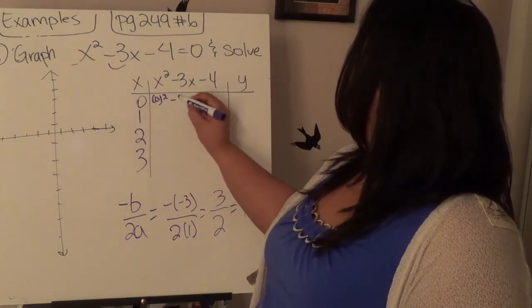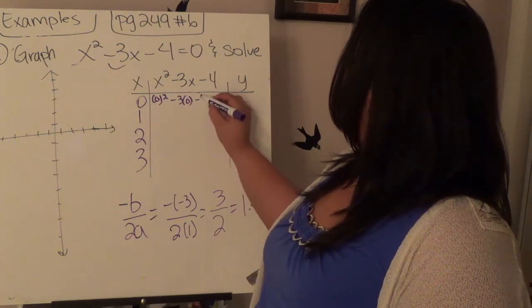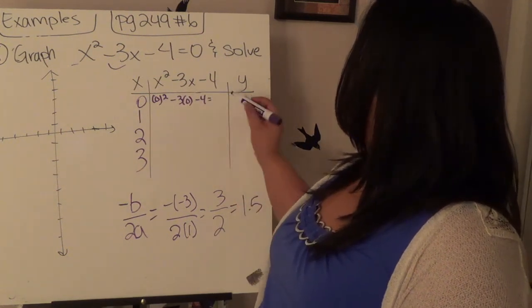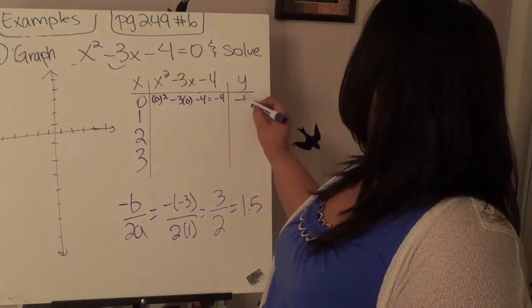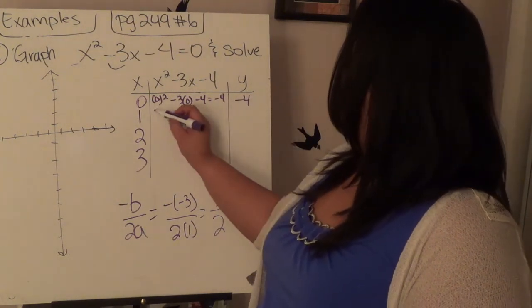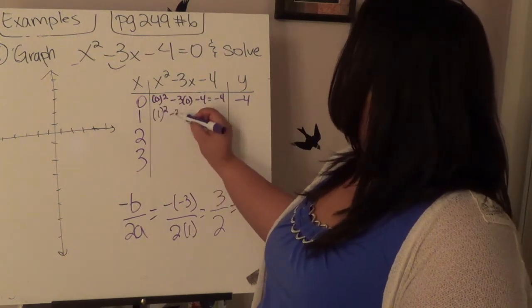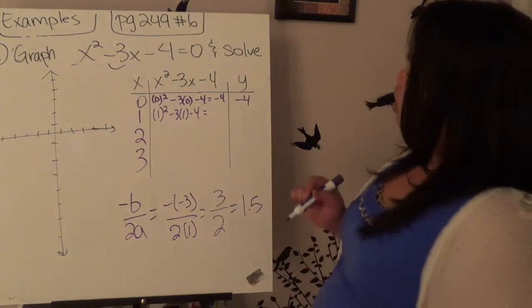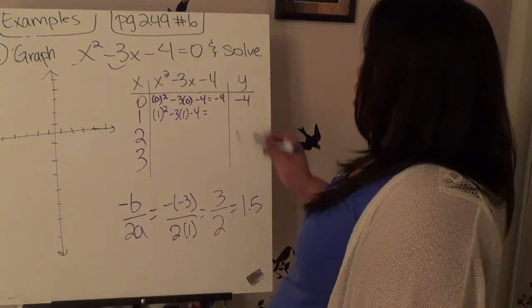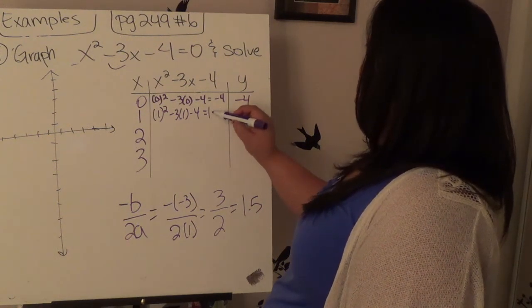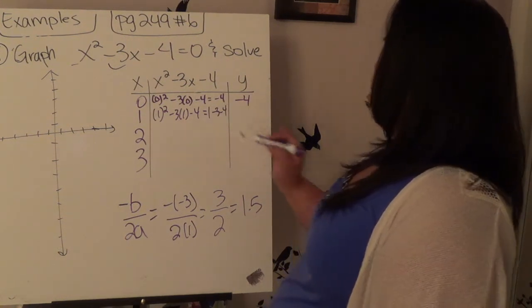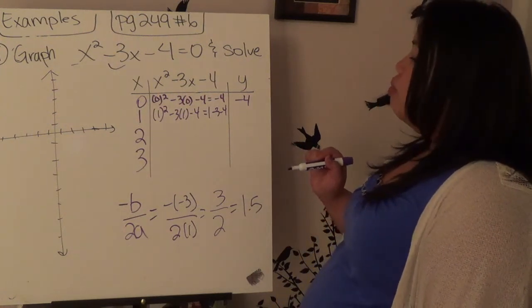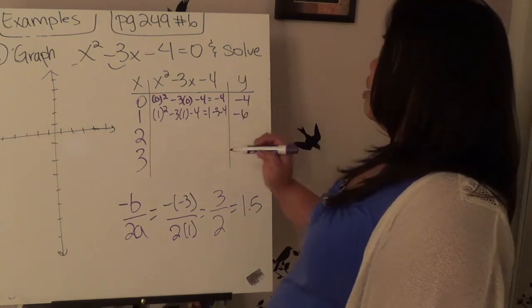0 squared minus 3 times 0 minus 4 gives us negative 4. 1 squared minus 3 times 1 minus 4: 1 squared is 1, minus 3 minus 4. 1 minus 3 is negative 2, minus 4 is negative 6.